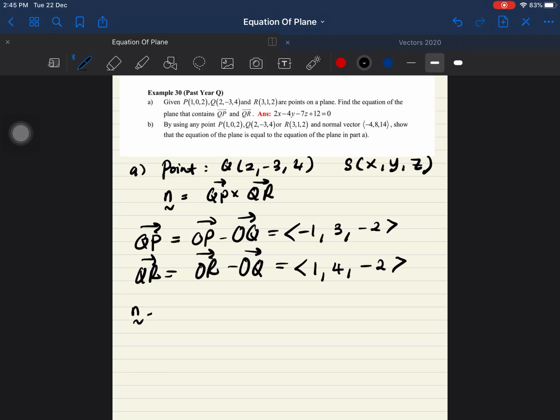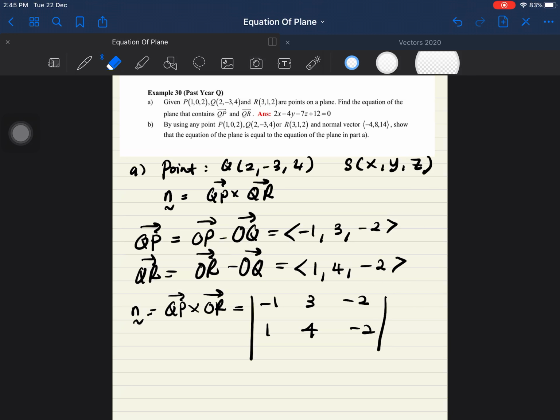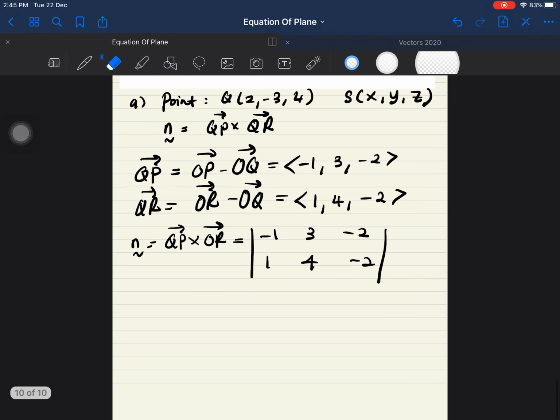-2. Okay, so therefore the normal vector, which is QP cross QR, is equals to, so -1, 3, -2, 1, 4, -2.